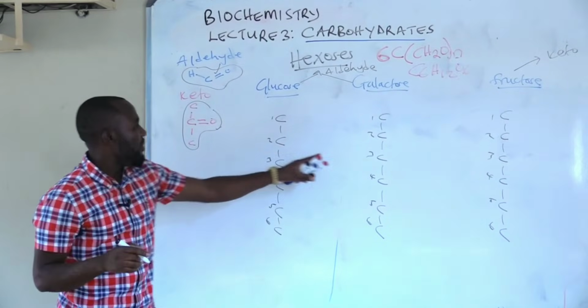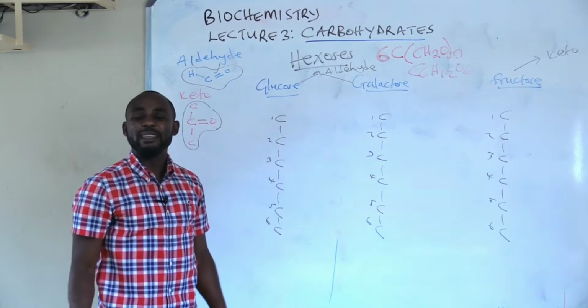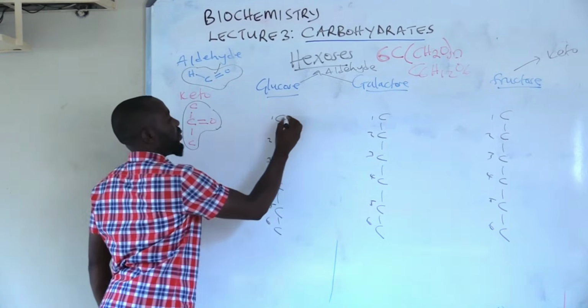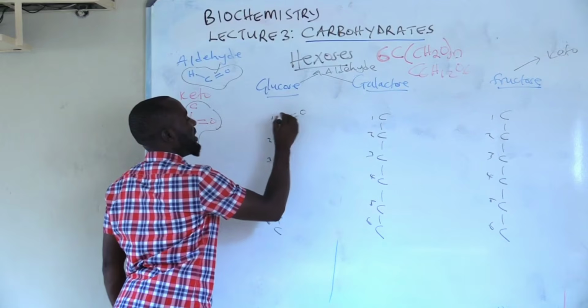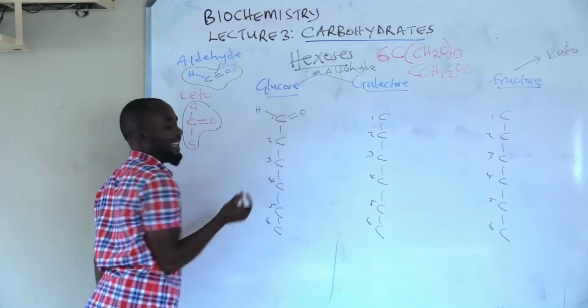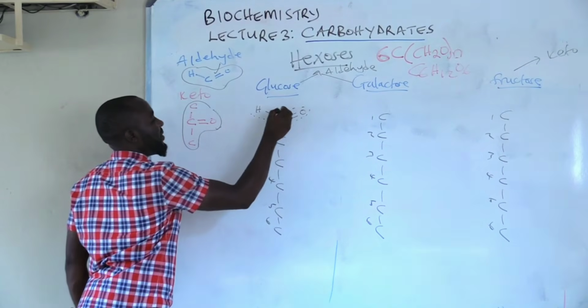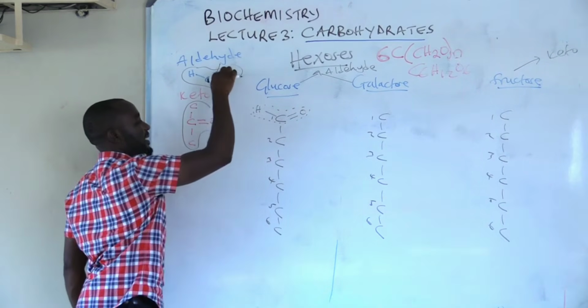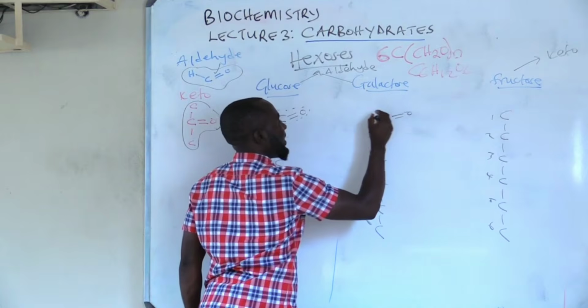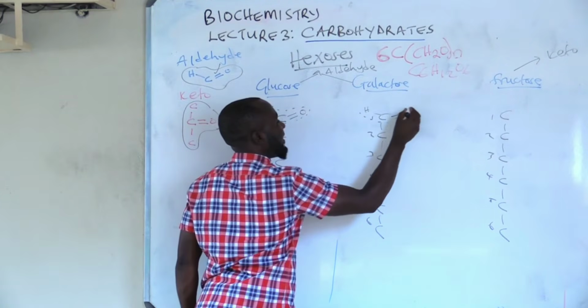Since we are saying the 2 are made up of aldehyde, we need to know where they are located. For glucose and galactose, it's on carbon number 1. And already, after doing that, you can see that I have generated the structure of an aldehyde there. Even on galactose, it's on number 1.